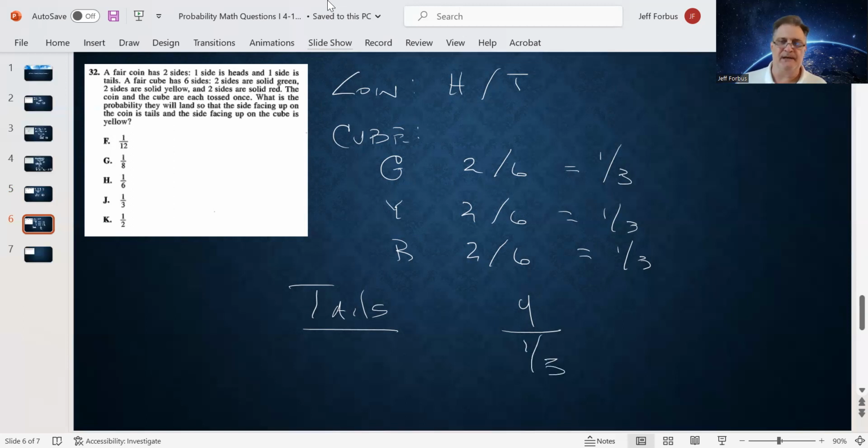And the probability of landing on tails on a two-sided coin is 1/2. Now we are asking if those two things are happening together. So we're going to multiply their independent probabilities and get 1 out of 6 chances that it will land on tails and be yellow. And that's going to be answer choice H.